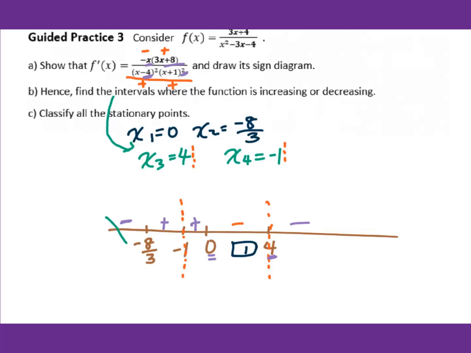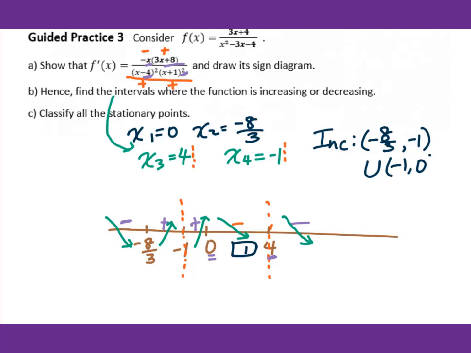Then you will see this is going down, going up, and going down. Then this one is going down. So you could say that the increasing interval will be from negative 8 over 3 to negative 1, union from negative 1 to 0.